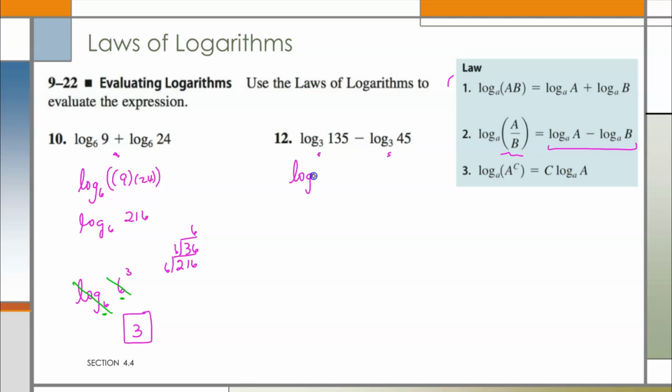So that would be log base 3 of 135 divided by 45. 135 divided by 45 in our calculator gives us a 3. So we have log base 3 of 3. Really, that's 3 to the first because a logarithm undoes an exponential. We're left with 1.